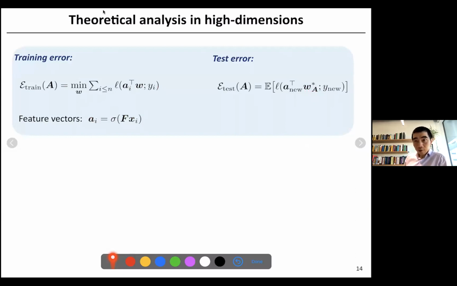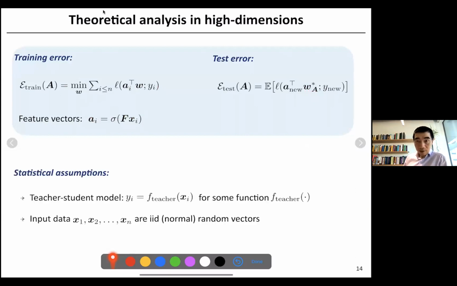Now, to do theoretical analysis, we have to make some further statistical assumptions on how the data are generated. So typically, the assumptions that we make are the following. First of all, we consider the so-called teacher-student model, where we assume that our label yi is generated by some unknown teacher function. It's a function of the input vector xi. Okay?